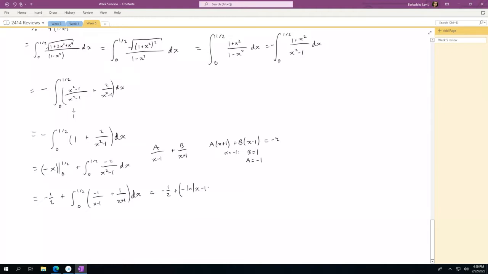And in this case, your absolute value bars are actually very important. Plus the natural log of the absolute value of x plus 1, evaluated at 0 and 1/2. So when we plug in 1/2, we have the natural log of 1/2 minus 1 is -1/2. The absolute value of -1/2 is positive 1/2.